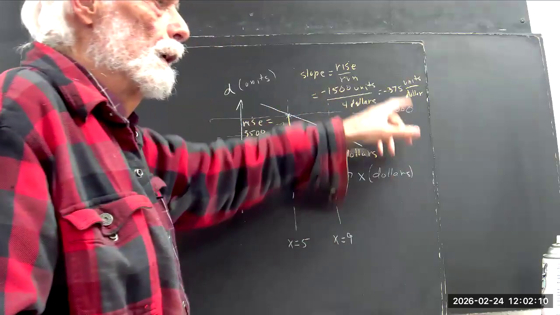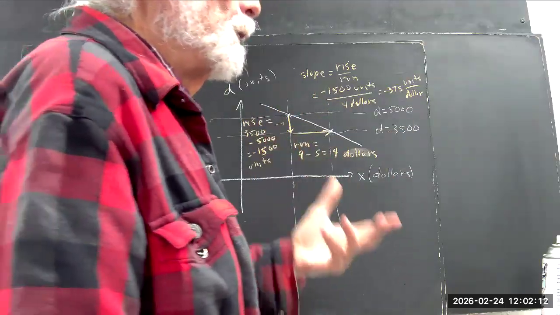So for every dollar extra you charge, you're selling 375 fewer units.